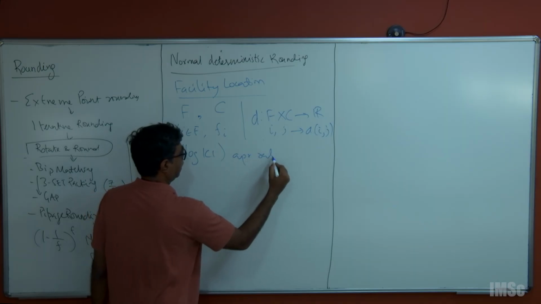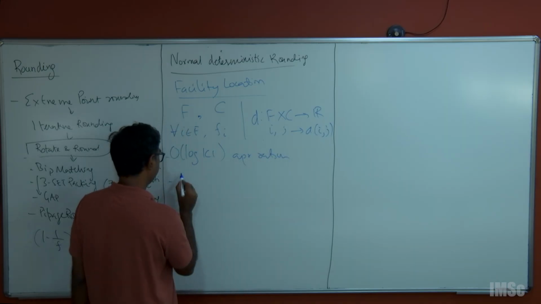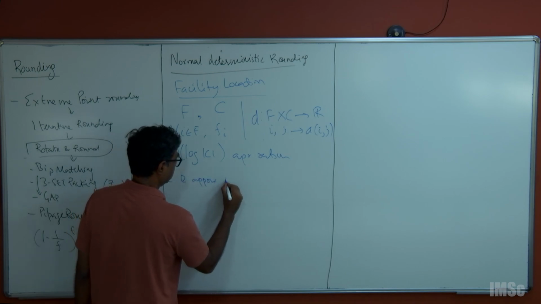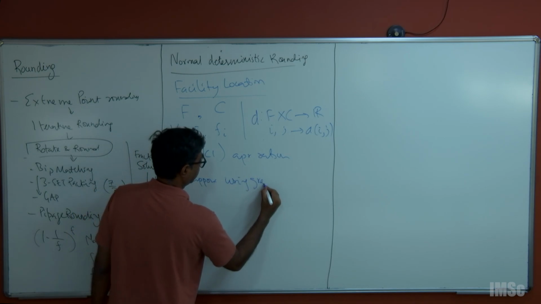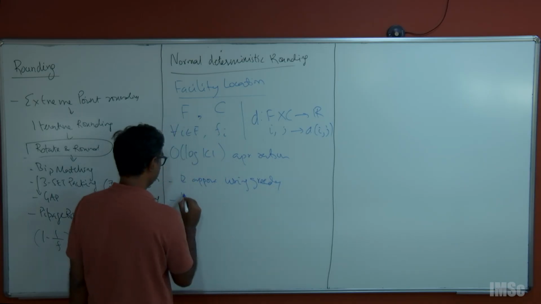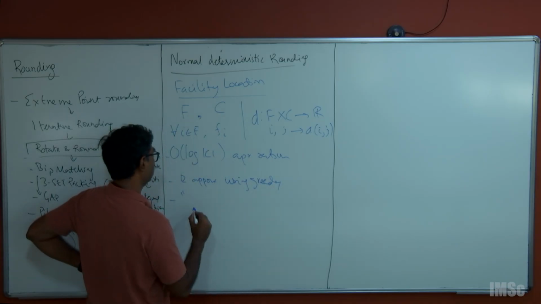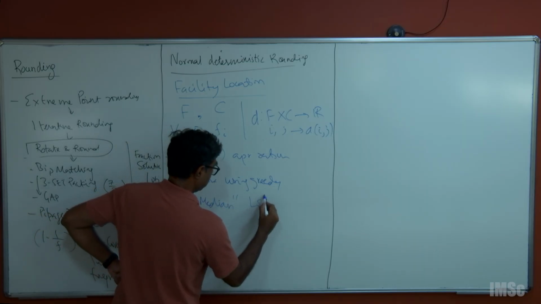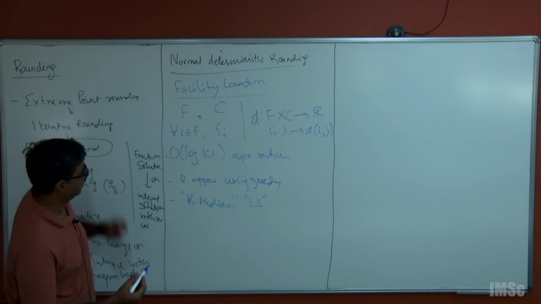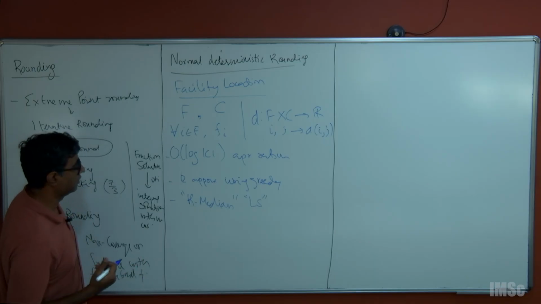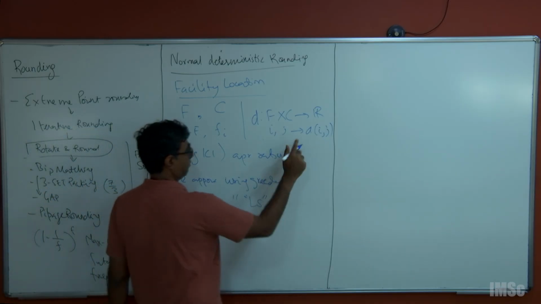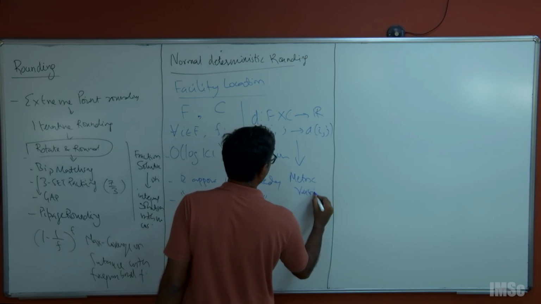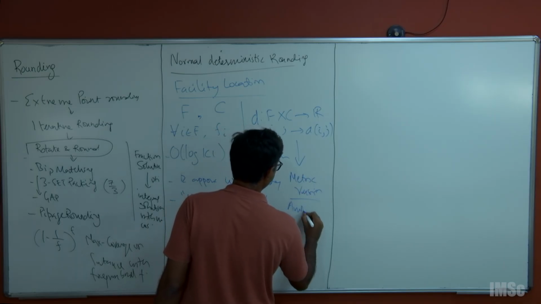But if you remember, we also gave a constant factor approximation using greedy, and for its variant k-median, we gave local search. So you can also do a local search for facility location. Today I will give you a metric version, with a constant factor approximation, another constant factor approximation.